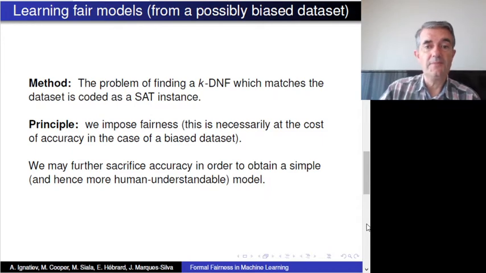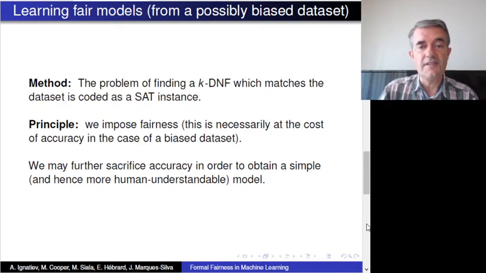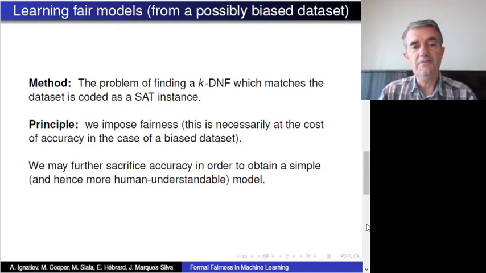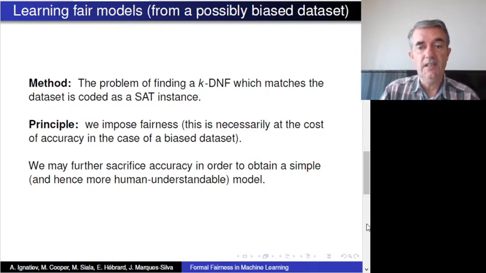And we coded this problem of finding the KDNF as a SAT instance. So the main principle is we impose fairness, and this is necessarily at the cost of accuracy in the case of biased data. We may further sacrifice accuracy in order to obtain a simple model, for example, a KDNF with K small.